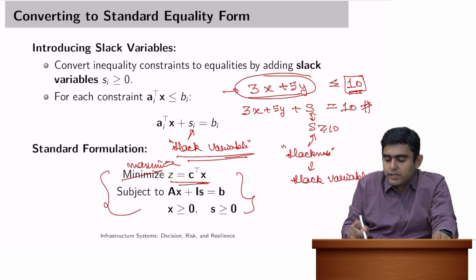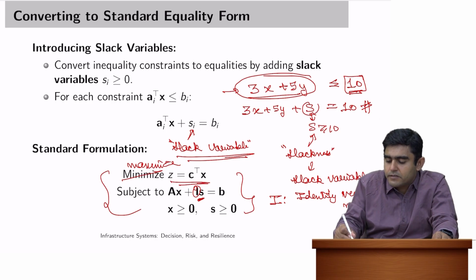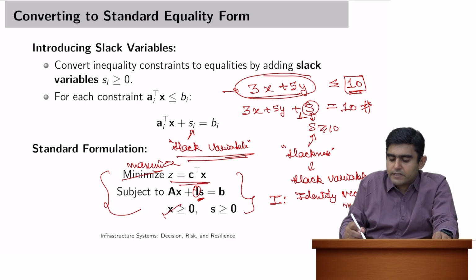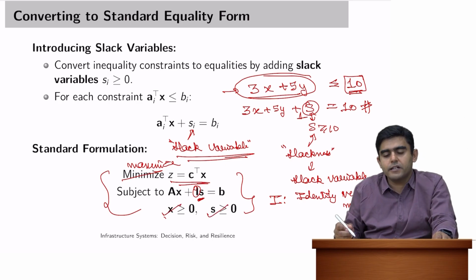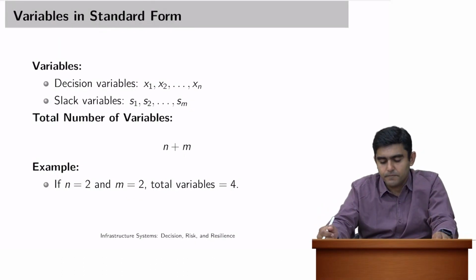But now all the inequality constraints have been converted to a standardized form where this I happens to be the identity matrix. In this case, it is indeed a matrix because all the slack variables are introduced with coefficient one, and the conditions x greater than or equal to 0 and slack greater than or equal to 0 also apply.